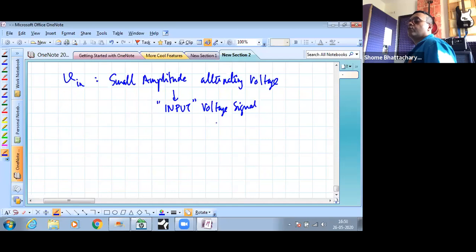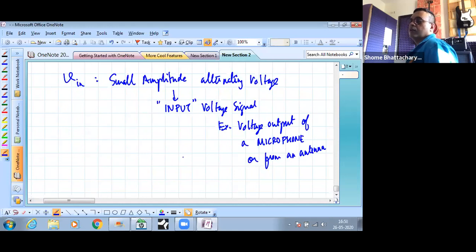So for example, it could be the voltage output of a microphone or from an antenna which receives and then sends its signal as an input to the amplifier.